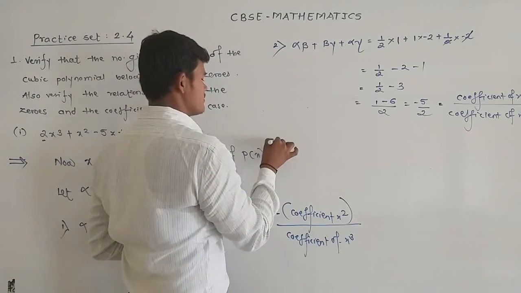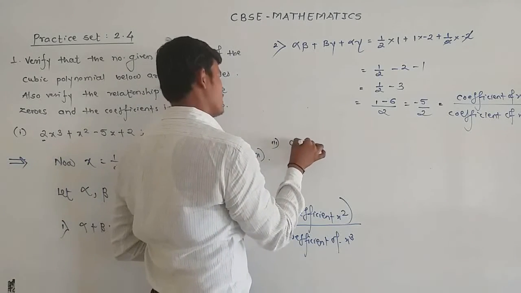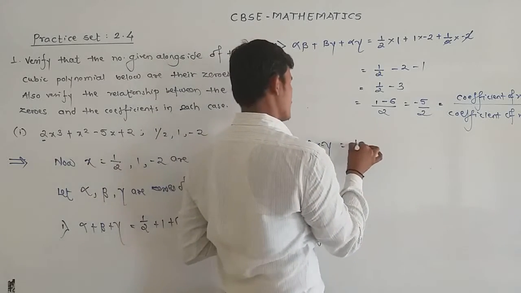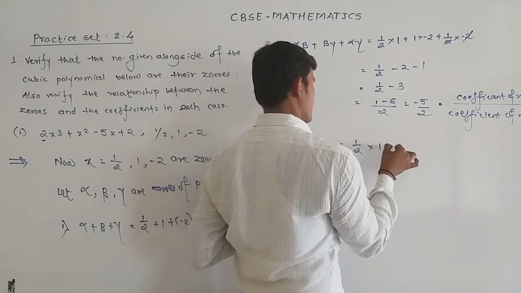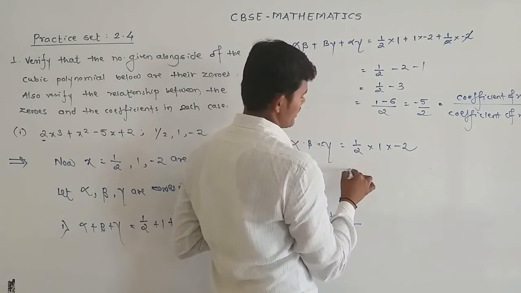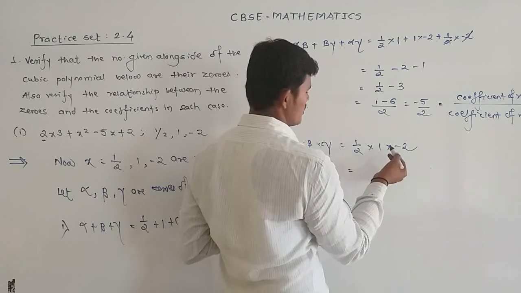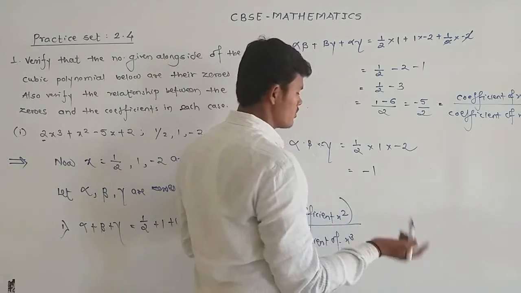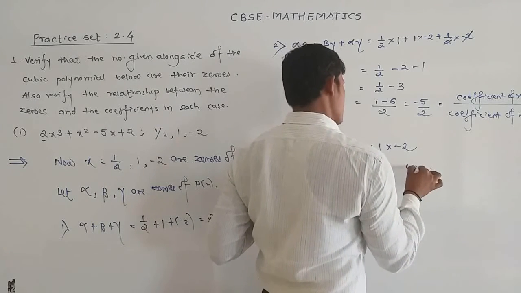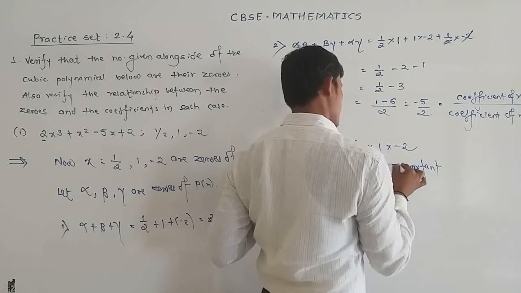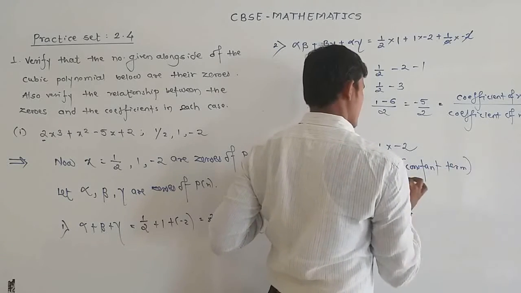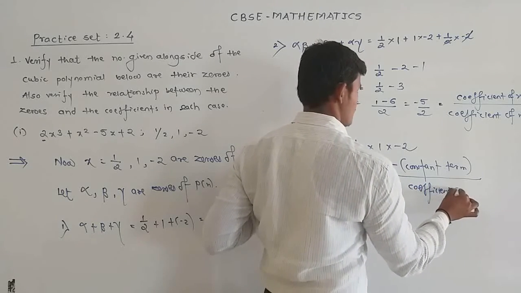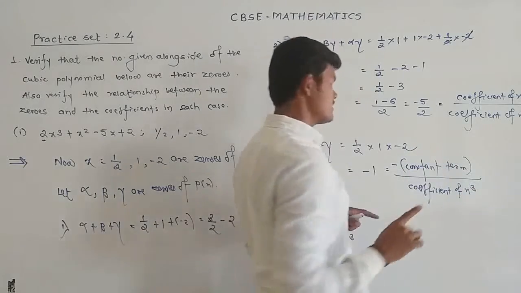Now the last relation is the product of zeros, that is alpha into beta into gamma. So the value of alpha is 1 by 2, the value of beta is 1 and the value of gamma is minus 2. So finally we get 1 by 2 into 1, 1 by 2 into minus 2, that is minus 1. So the product of zeros is nothing but minus the constant term divided by the coefficient of x cube, minus d by a.